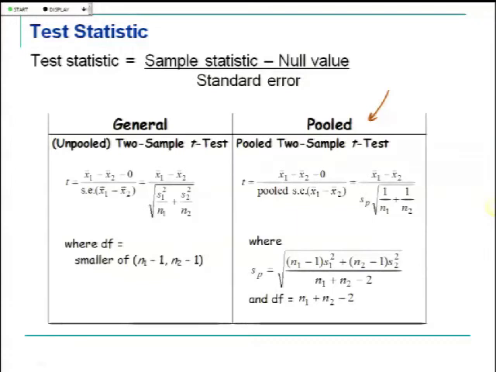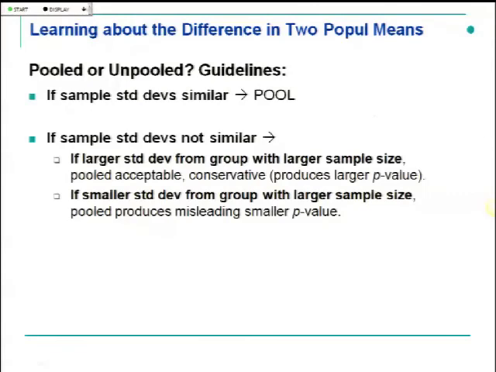All right. So how do we decide? You have a little rundown of some of the guidelines again. You know, the sample standard deviations are similar, and we look at those two S's, we're going to go ahead and pool. If the sample standard deviations are not, well, then we're going to step back and take a look.